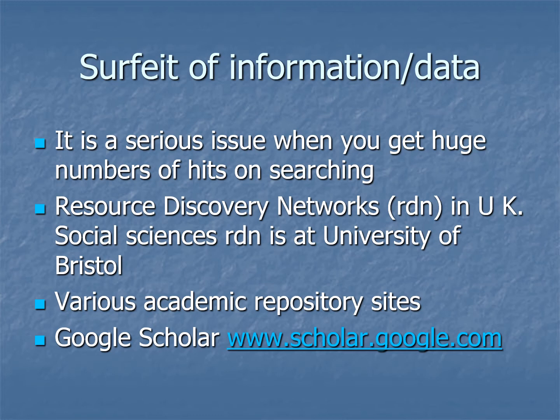We can start with even Google Scholar, where one does not get surfeit of information, but at least academic kind of information is there, and the search in Google Scholar brings out much more accurate results and much fewer results.